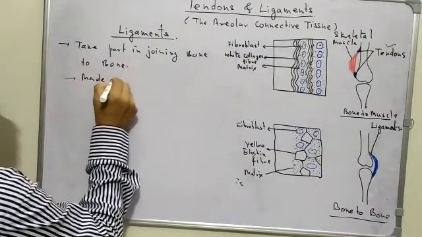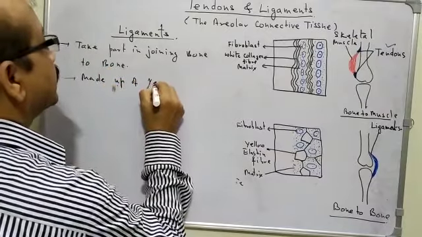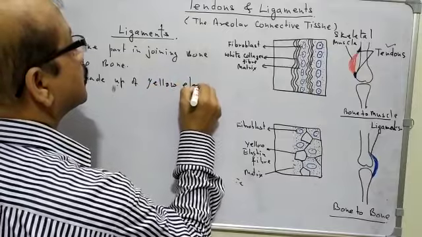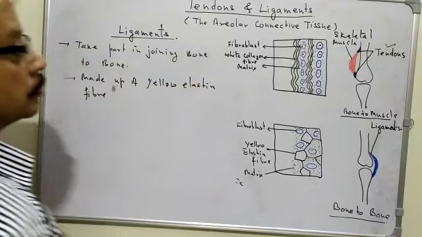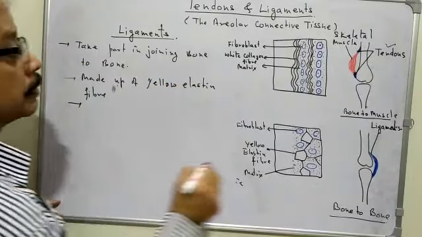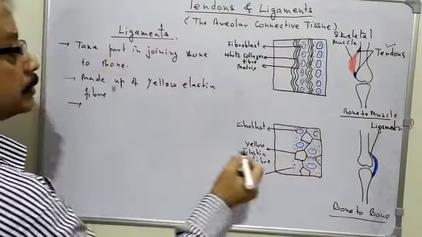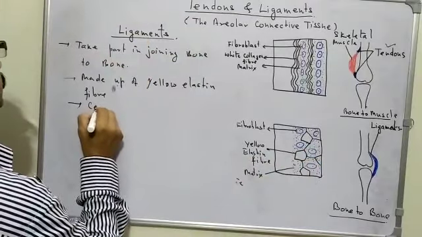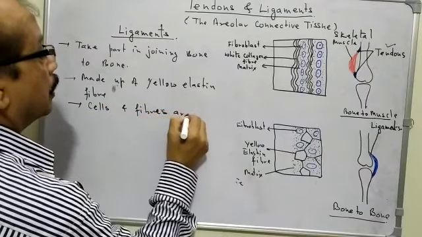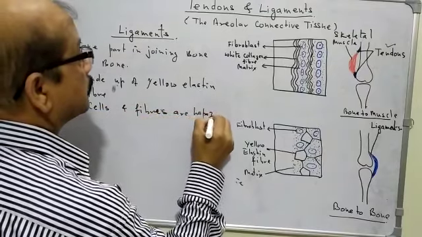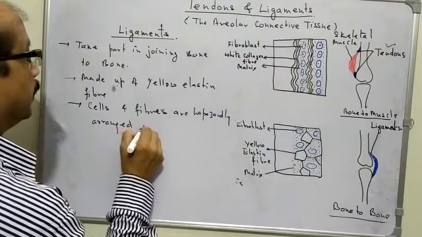Made up of yellow elastin fiber. Cells, that is fibroblast, and fibers are haphazardly arranged in the matrix.